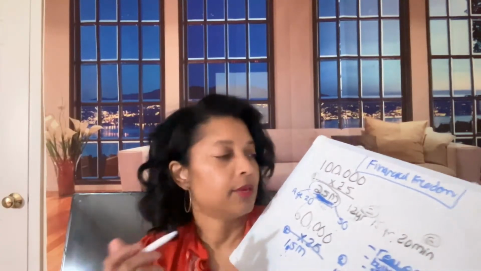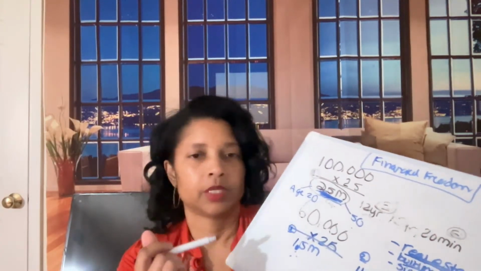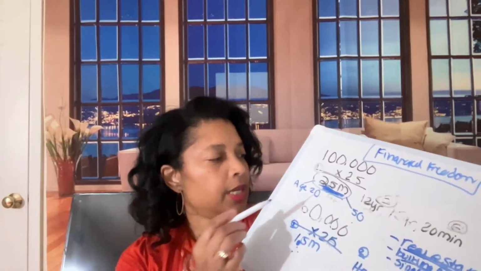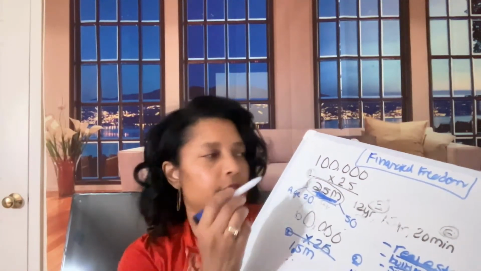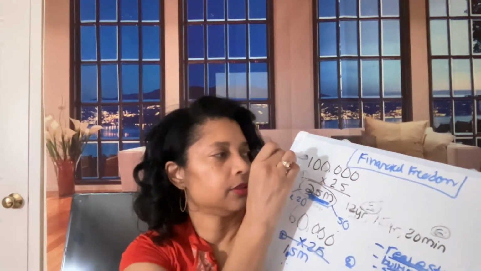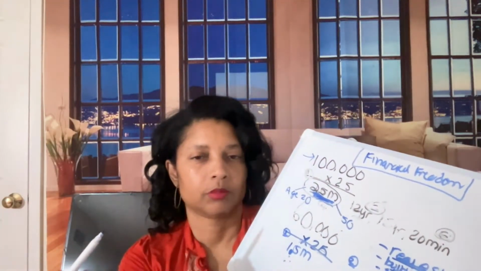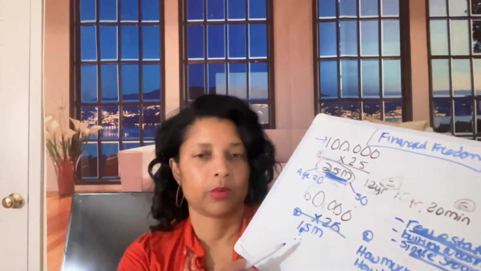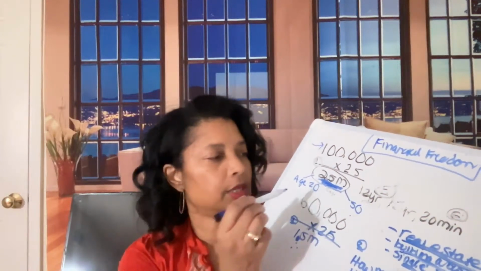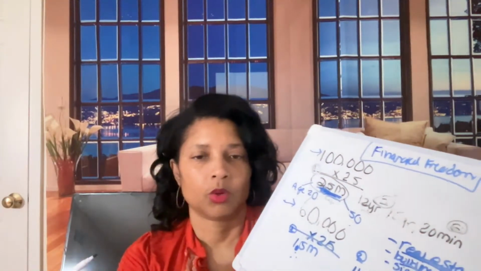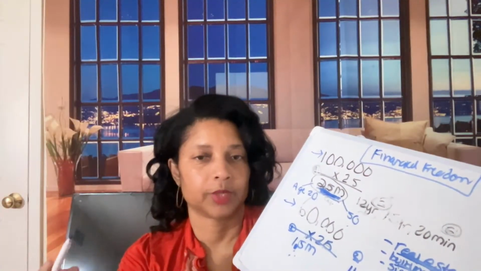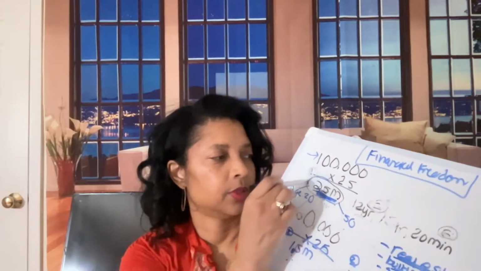All right. But that's the first step, is knowing your number. Is it 2.5 million? Is this what you're used to making? Is it 1.5 million? Is this what you're used to making? Or is it a different number? Well, that's the first step. What's your financial freedom number?